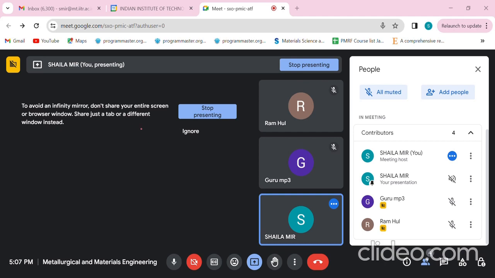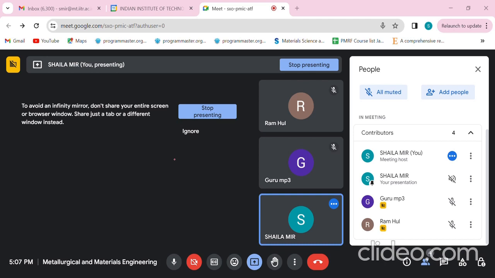So your T1 will be equal to 327 plus 273, and T2 is equal to 527 plus 273.